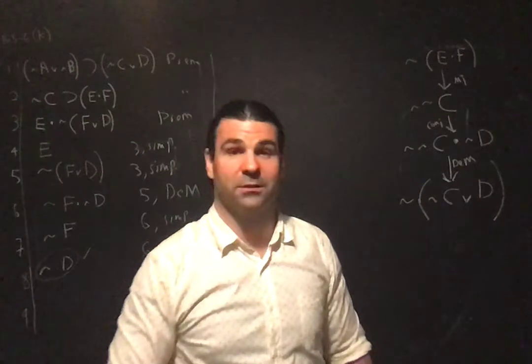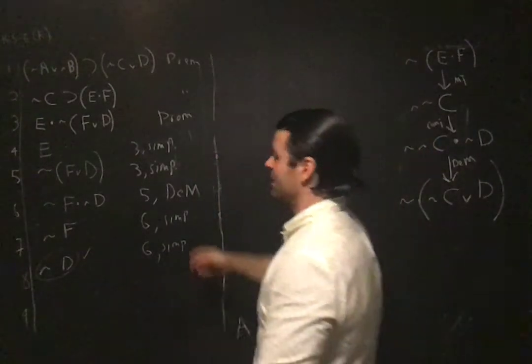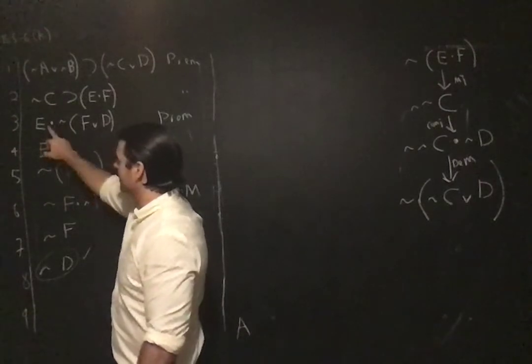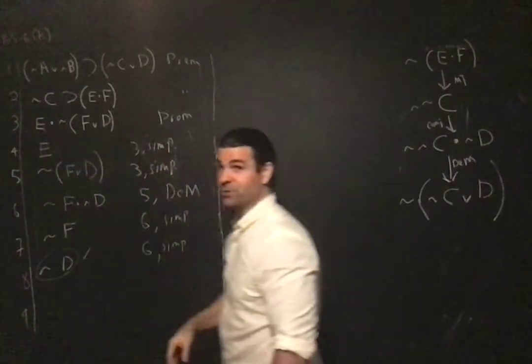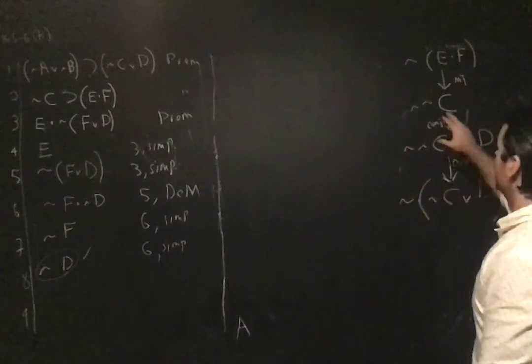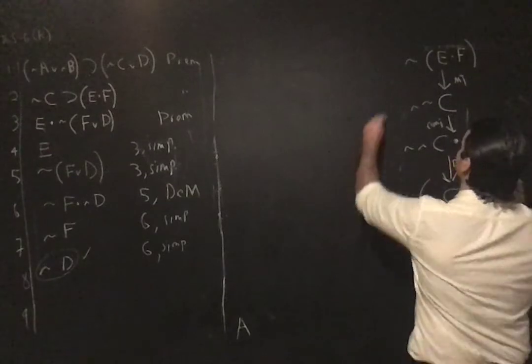Remember, not every formula needs to be used. Not every premise needs to be used. It's not quite a premise, but it's the one conjunct of a premise. But you don't actually make any use of E, even though you might think you do. Because what is this equivalent to?